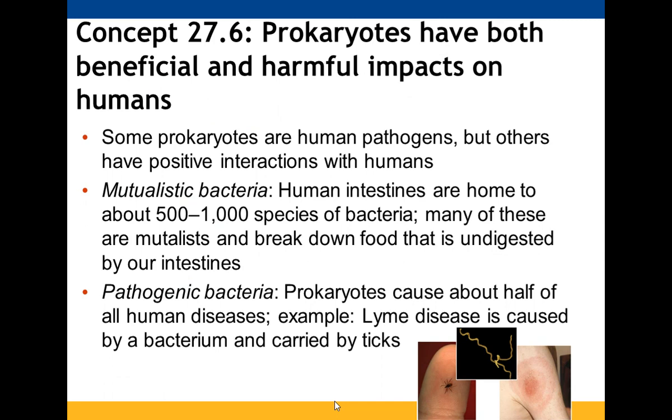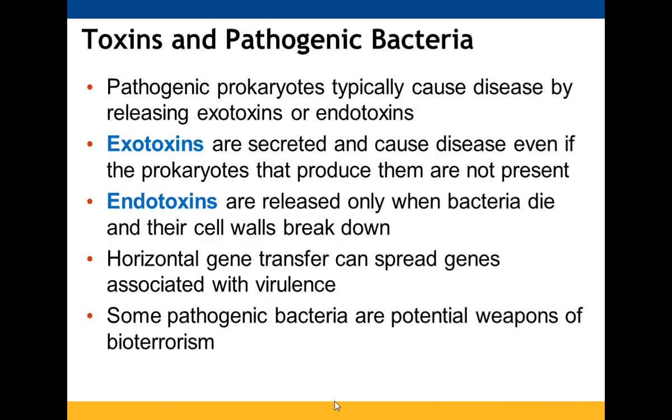So again, we talked a little bit about the pros and cons of prokaryotes. Mutualistic bacteria, our intestines have lots of different bacteria, and they help to break down the food that is in our intestines that does not get digested. And then we have bacteria that can harm us. We talked about Lyme disease. I definitely pointed out some others that were there for you as well. They can do this when they cause diseases by releasing exotoxins or endotoxins.